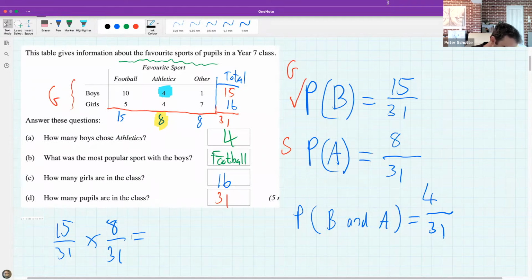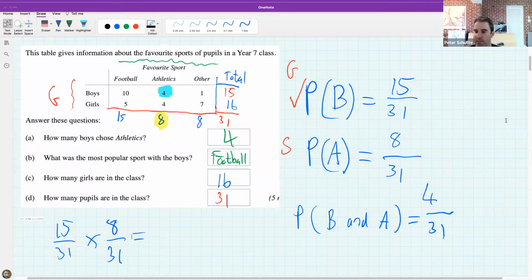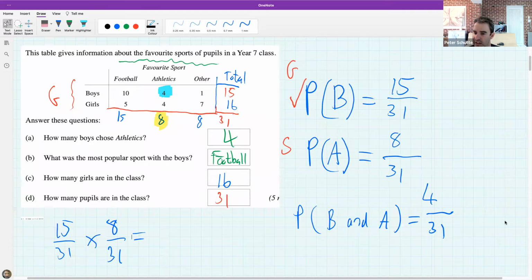I'll do it with you as we go. What are you guys getting for your decimal calculation there? You can pop it in the chat if you like. Yeah, so I get 0.12486. Okay, I could go on for a while. So that is the multiplication of the two.